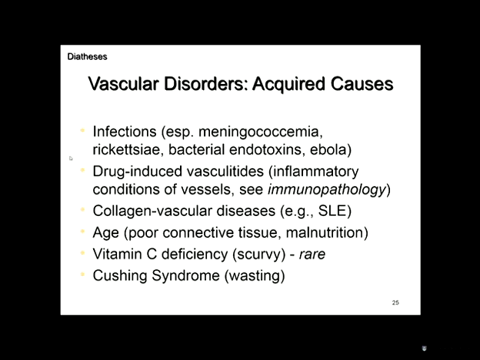But focus on these top two. So you have infections, which include bacterial and viral. There are drugs. A lot of drugs cause problems with vessels, inflammatory conditions of vessels, and we'll talk about this in immunopathology. So these are your main ones, infections and drugs, okay?